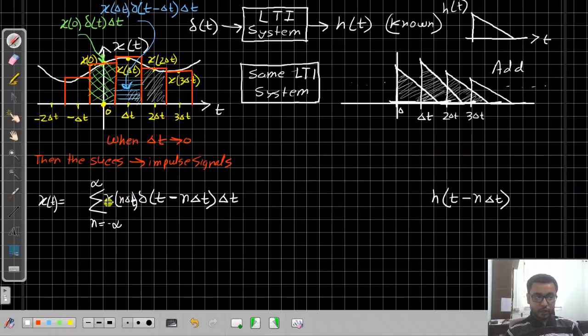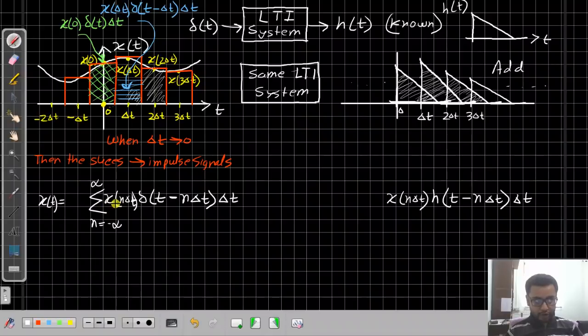And then we have a multiplication factor which is multiplied to the strength of this delta t, so the output will also get multiplied by the same factor. Also another multiplicative factor is there that will also affect the output.